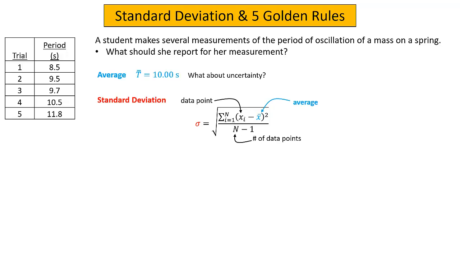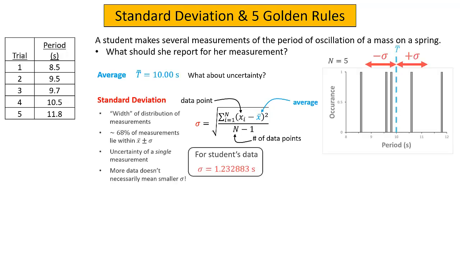So that's the mathematical definition of the standard deviation, but what it's trying to tell you is something about the width of the distribution of your measurements. So I've plotted here the period measurements, but in bins, where we're counting the number of occurrences of the period in any particular bin. And we can see that this distribution has a little bit of a width.